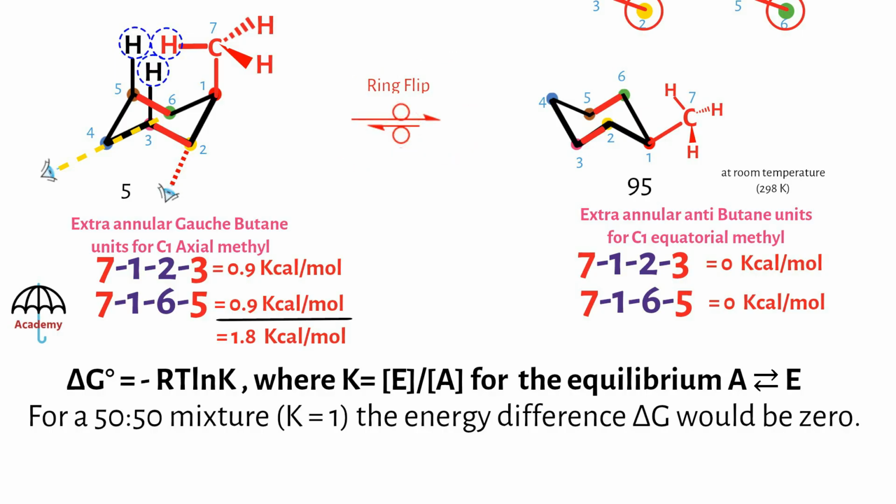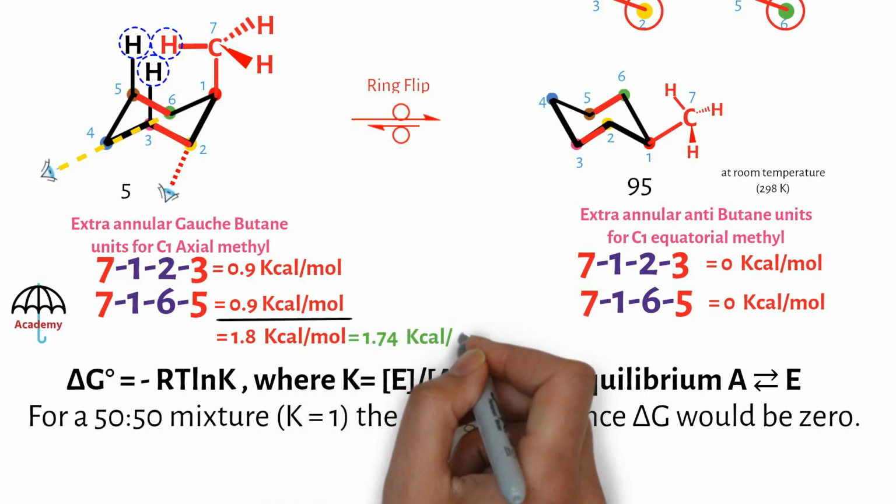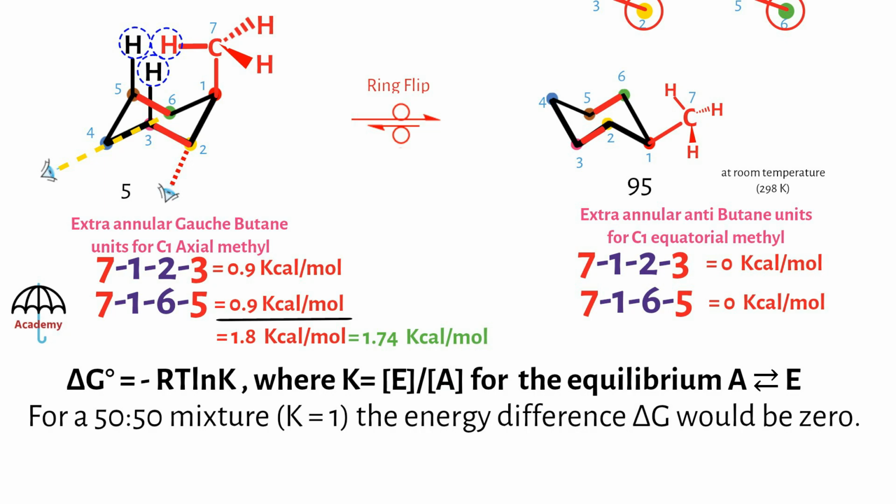And this difference in population of conformers translates to an energy difference of 1.74 kilocalories per mole. In other words, the equatorial conformer of methylcyclohexane is more stable than axial conformer by 1.74 kilocalories per mole.